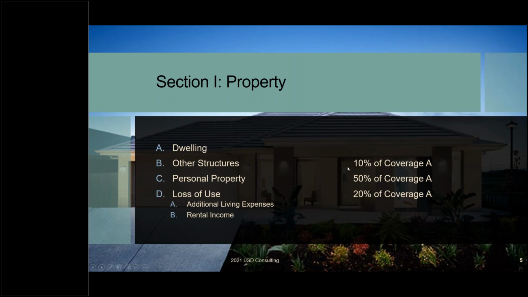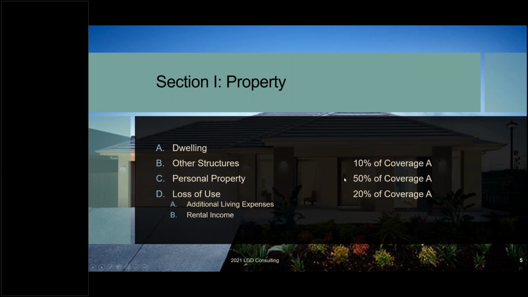So these are kind of pre-fills. If you tell me how much it would cost to rebuild this dwelling, I could tell you automatically what these amounts are, because they're preset percentages based on the reconstruction cost calculation for the dwelling. So if it's $400,000 to rebuild the house, this is 10%, it's $40,000.